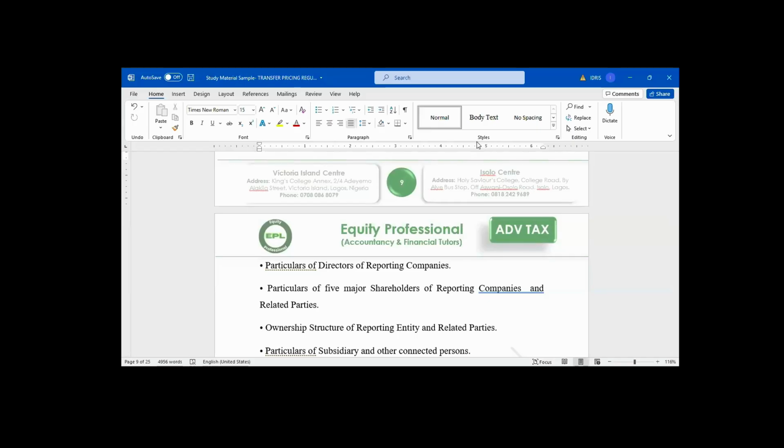Particulars of five major shareholders of reporting companies and related parties. Ownership structure of reporting entity and related parties. Another content of the transfer pricing disclosure and declaration form: particulars of subsidiaries and other connected persons is also needed.